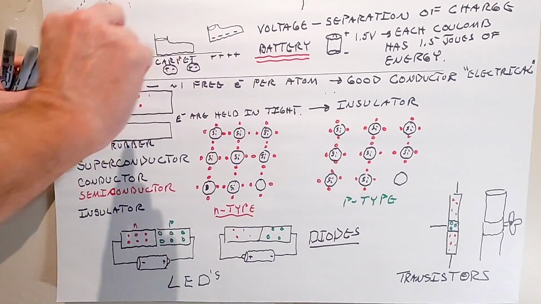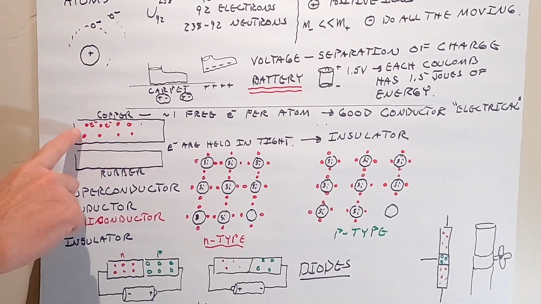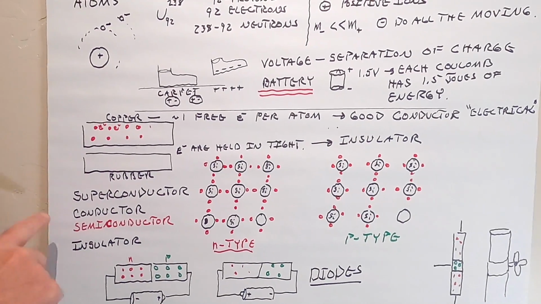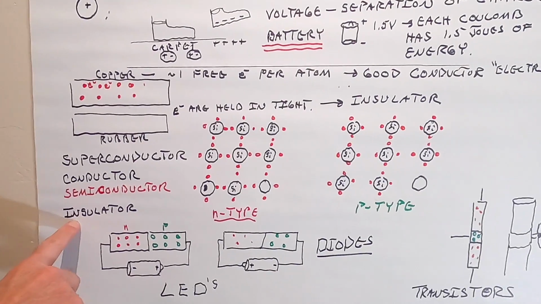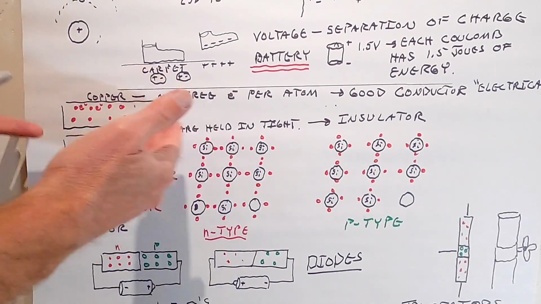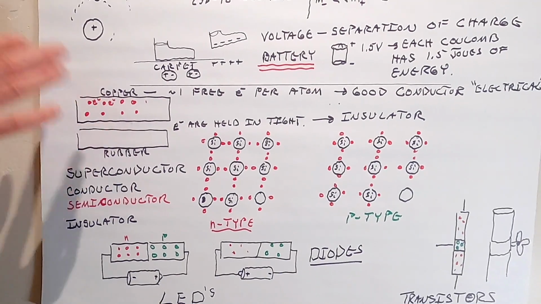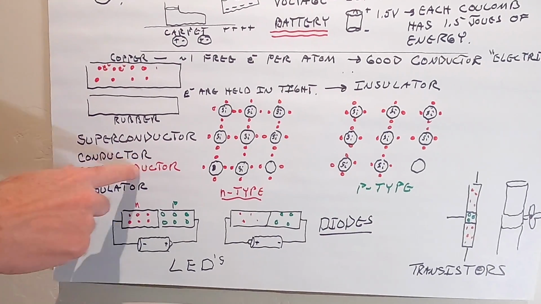Once you get the charges moving, they just keep moving forever. It'd be like a frictionless surface. Now, there is no such thing as a super insulator, because once you don't move them, that's it. But there is something that's halfway in between a conductor and an insulator. We call that a semiconductor.